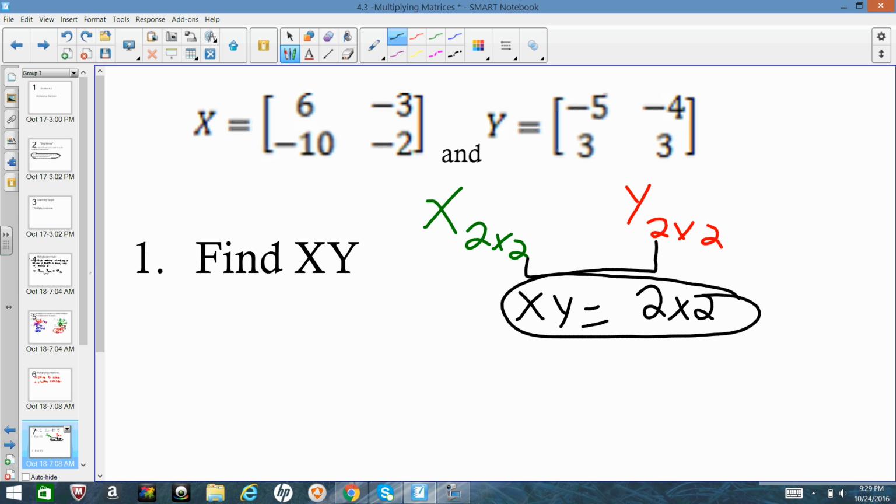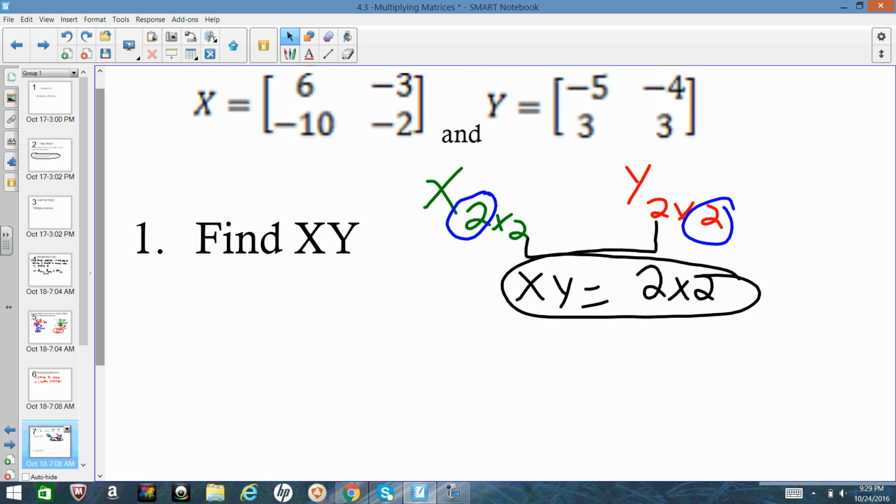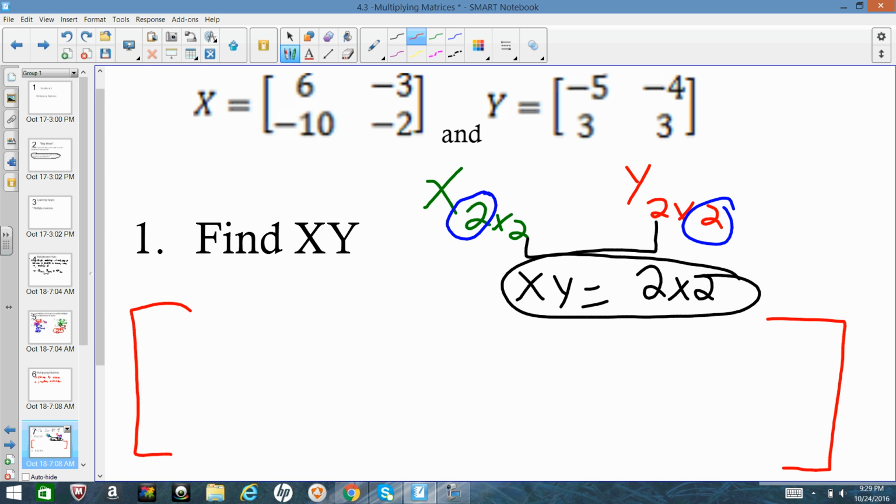Because these are equal, take the two outside ones, so we know our matrices should be a 2 by 2. So now, it's just a matter of multiplying. So we know we're going to have our 2 by 2, so we're going to start with drawing our matrices and drawing our brackets.